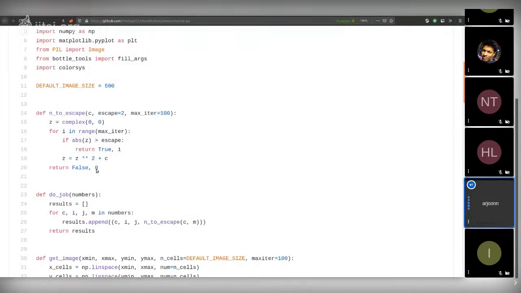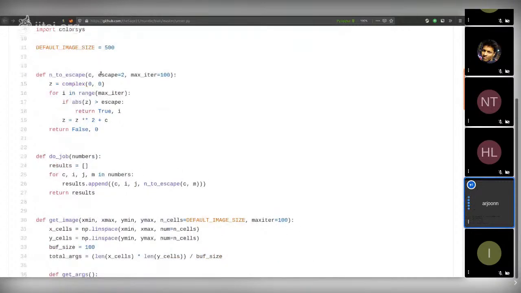So here's the function. You take a number c and you want to check if it escapes a circle of radius 2, right? And you say, okay, how many times should I apply this function? So we apply it 100 times. The function is fairly simple. You just square z.